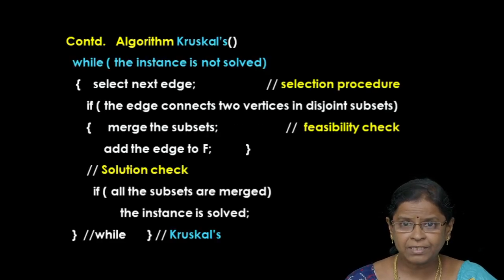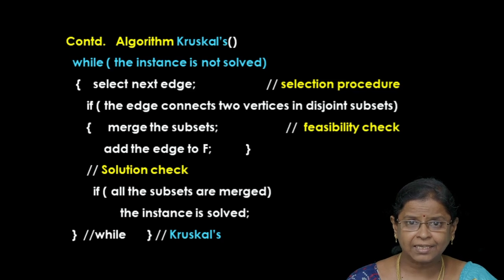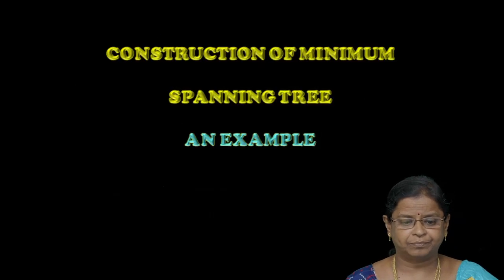While the problem is not yet solved, select the next edge with least weight. If the edge connects two vertices from two different disjoint sets, merge the two different disjoint sets and add the edge to F. If all the subsets are merged together into a set, then the problem is solved. The procedure is also completed.